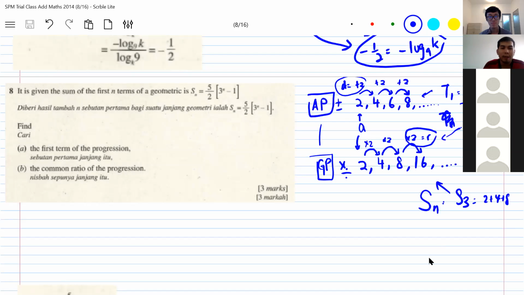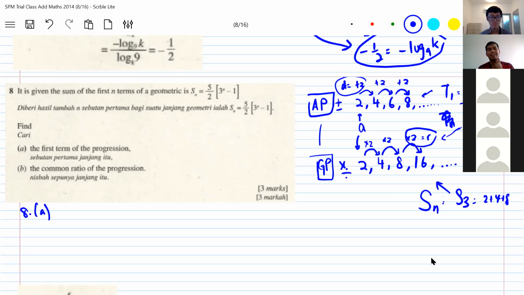So in this question 8a, they're asking you to find the first term of the progression. They don't give me any sequences.